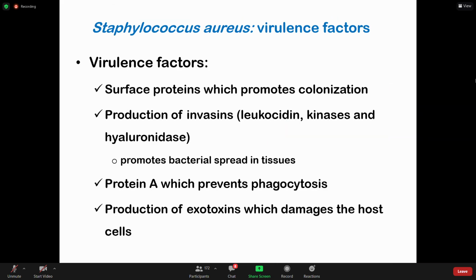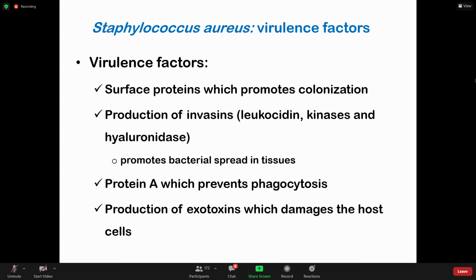Virulence factors associated with this organism include the surface proteins which promote colonization, and production of invasins, things like leukocidins, kinases, and hyaluronidases. These can promote the spread of the organism in tissues so they can digest their way through tissue planes.